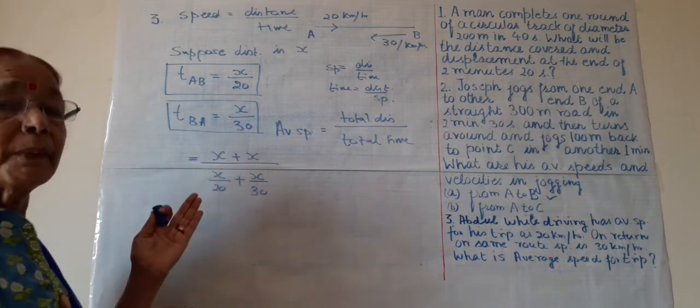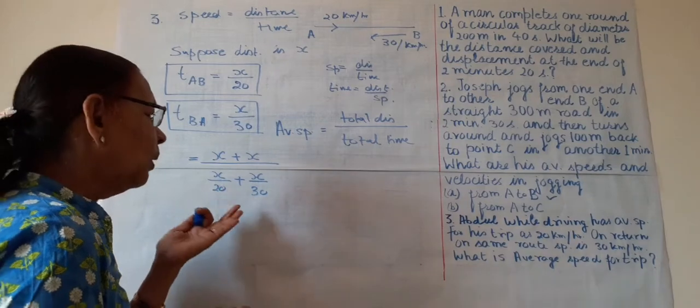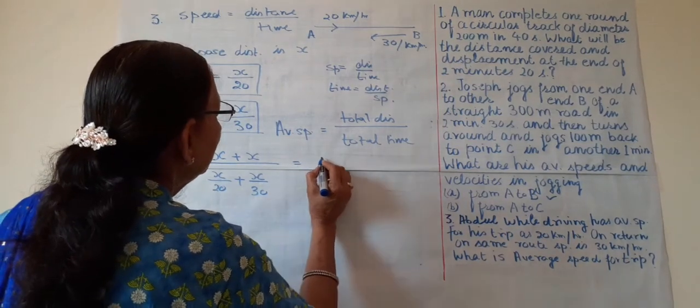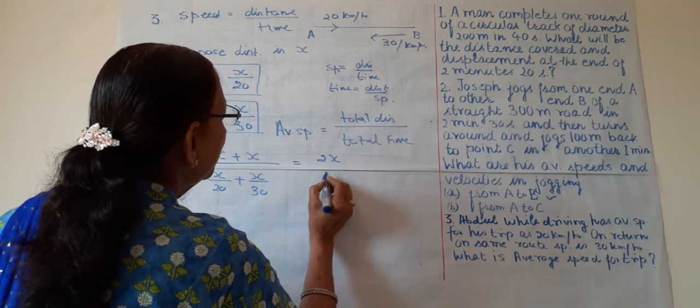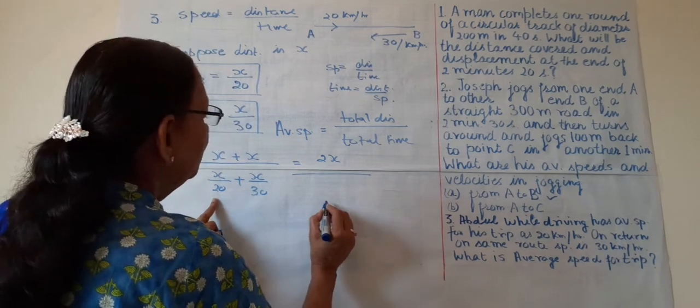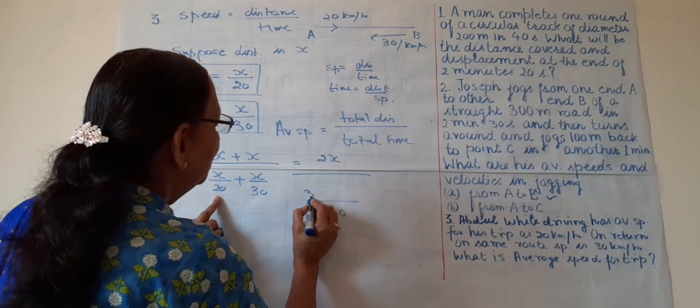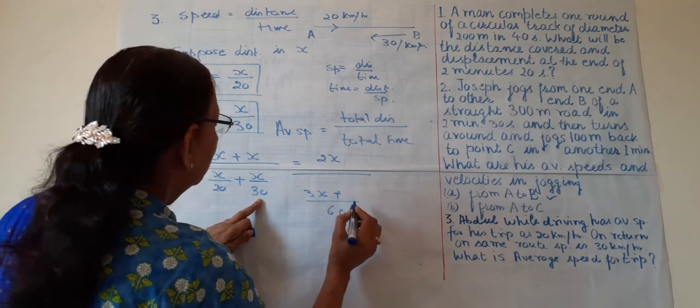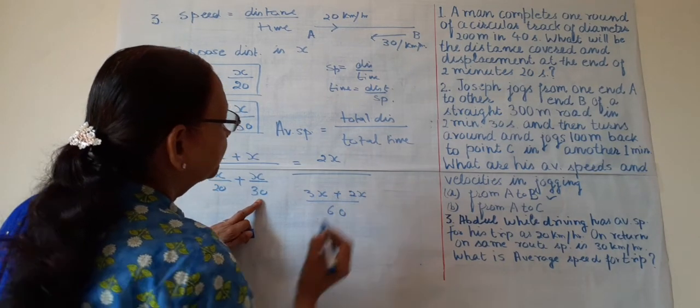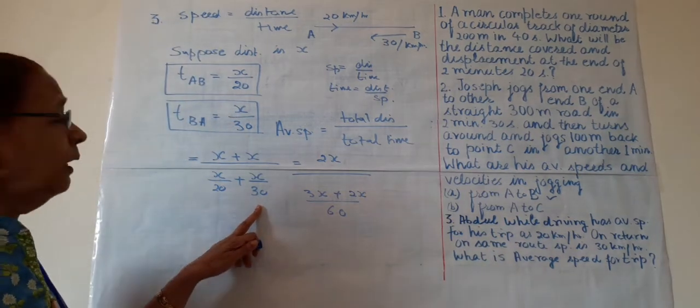Now we will solve this problem. All of you can solve it very easily. So it will be 2x upon, we will take the LCM 60. So it will be 3x plus 2x. Is it okay?